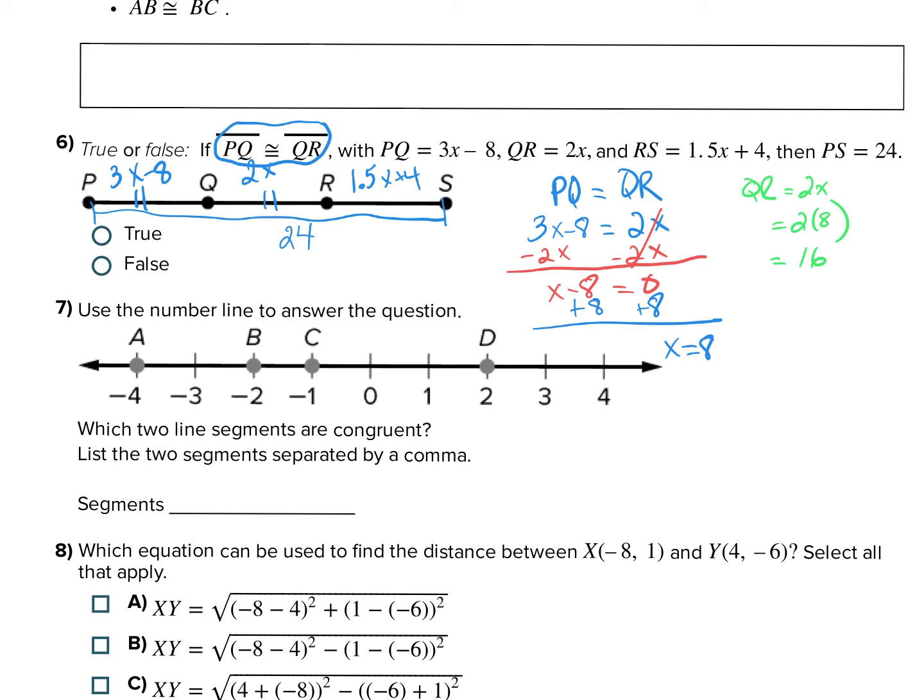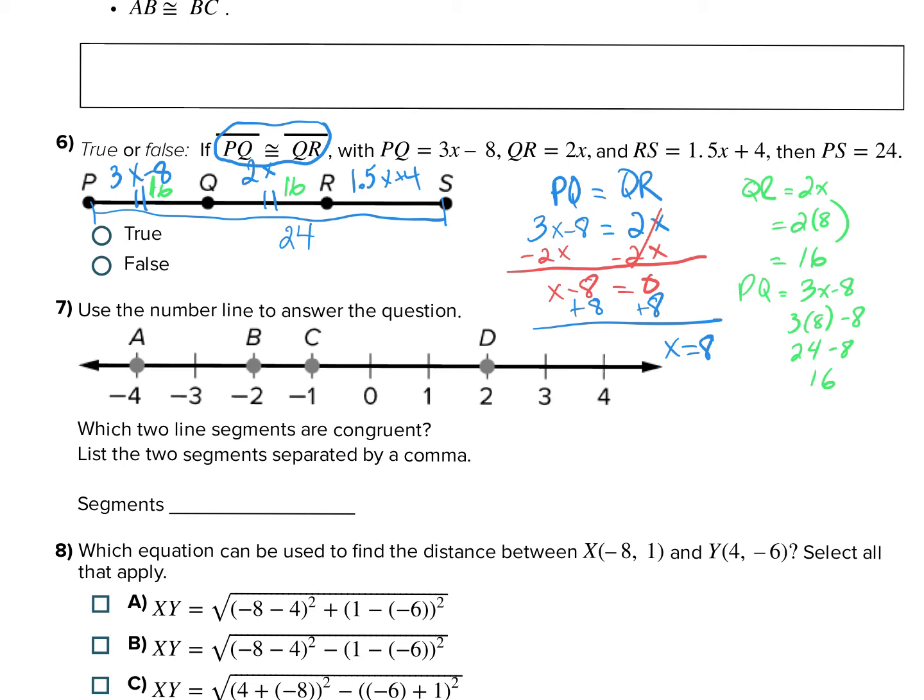Okay. And when I plug x into PQ, so that's PQ 3x minus 8, so 3 times 8 minus 8, that's 24 minus 8. And 24 minus 8 does give me 16. Okay. So that's what we were told initially, that those two are congruent.